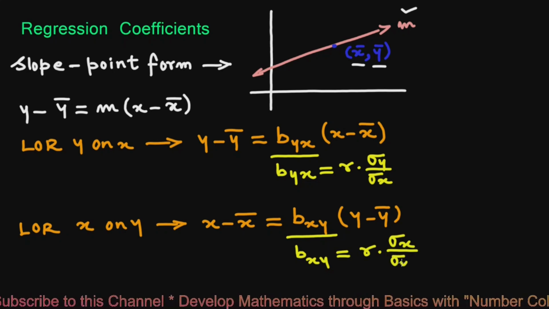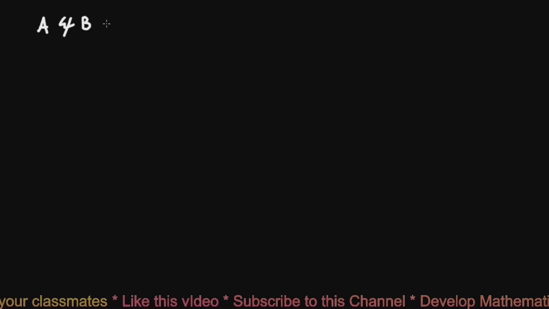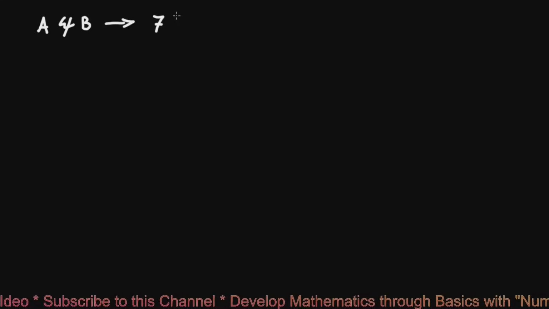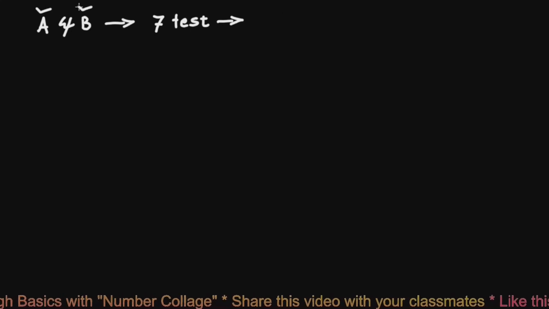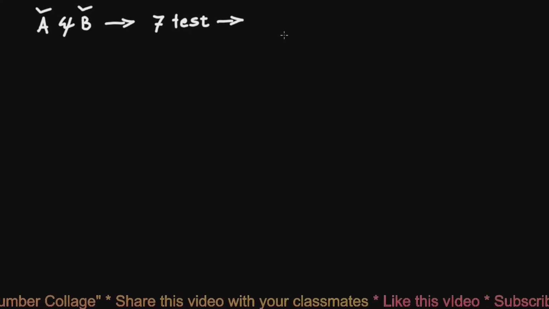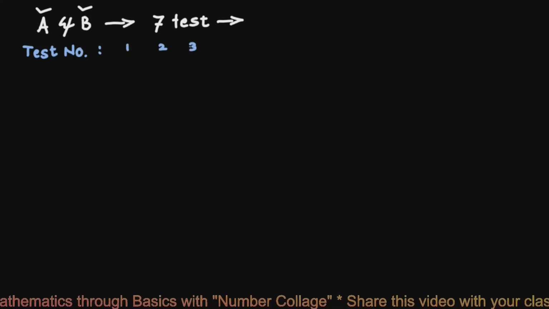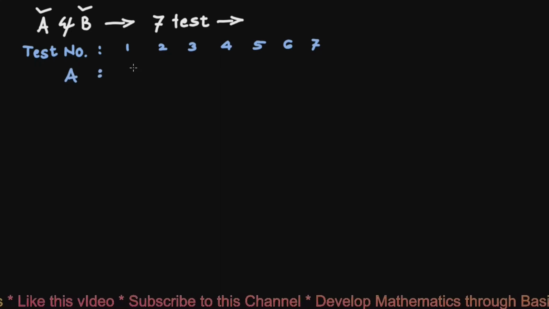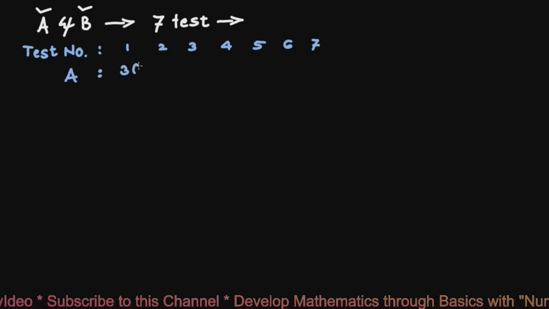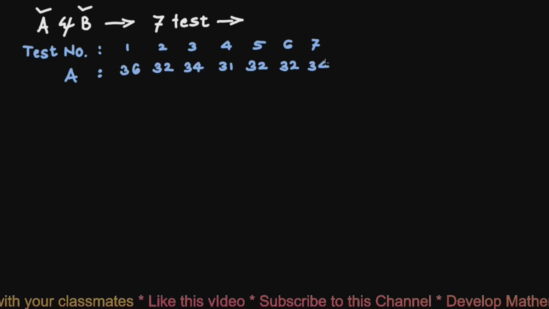Two students A and B gave 7 tests, and the marks obtained by A and B in those tests have been given below. Test numbers 1, 2, 3 and 7. Marks obtained by A in first test 36, second 32 and in seventh test 34.